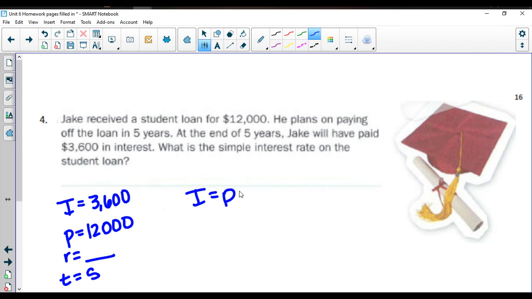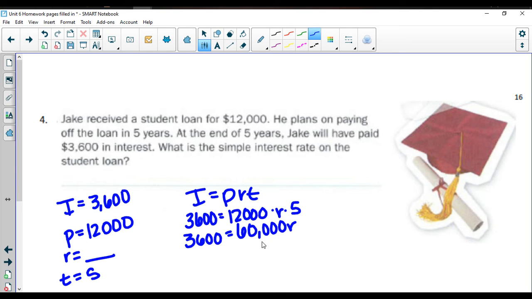So I equals PRT. So 3,600 equals 12,000 times R times 5. 12,000 times 5 is going to give me 60,000 R. Divide through by 60,000.